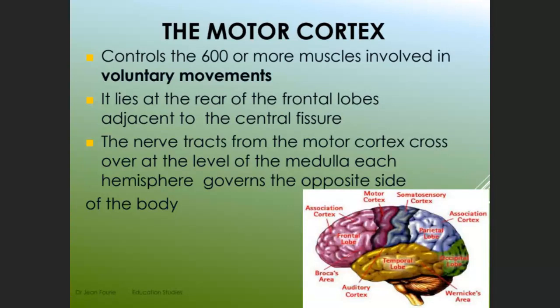It lies at the rear of the frontal lobes, and the nerves from the motor cortex go down to the medulla on each of the hemispheres, and they cross over. Your left hemisphere's motor cortex controls the muscles and movement of the right side of your body, and the right hemisphere's motor cortex, where the nerves cross over, controls the left side of your body.